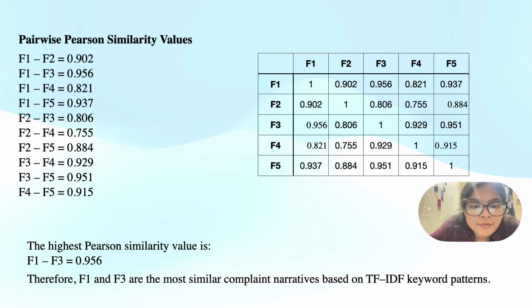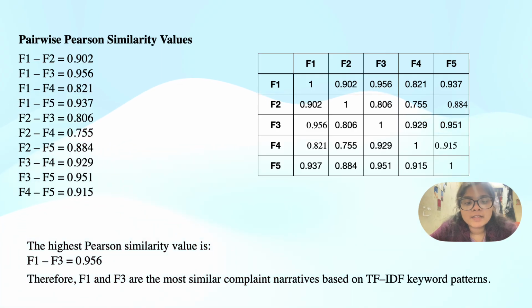F1 is a little bit similar to F2, 0.902. It indicates a value near 1, that is, similar but not identical. And the similarity between F1 and F4 is 0.821, that is, a little bit less similar as compared to F2.